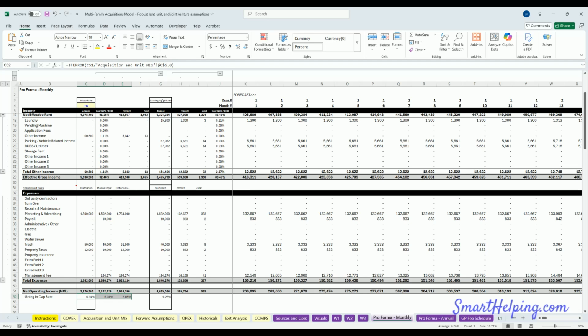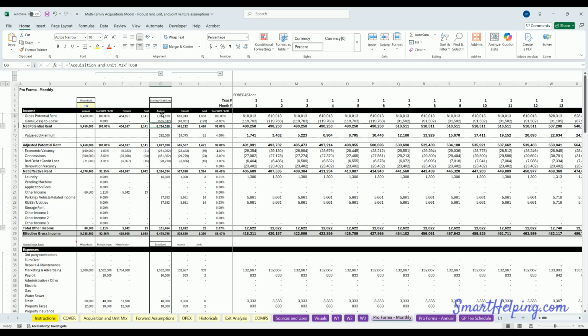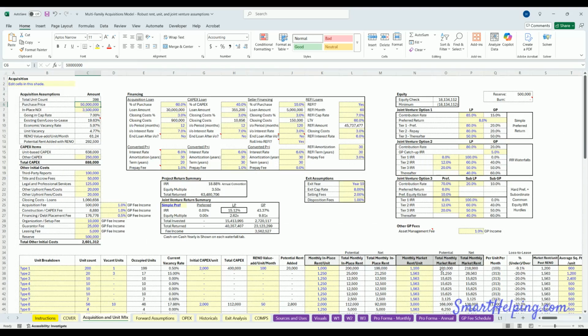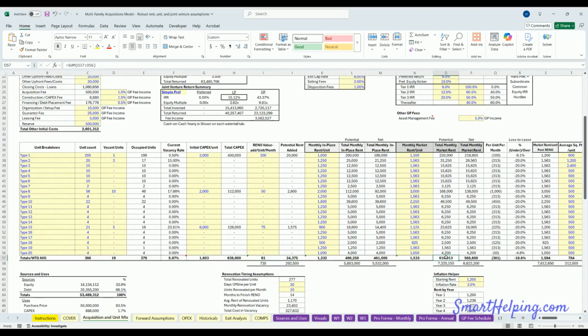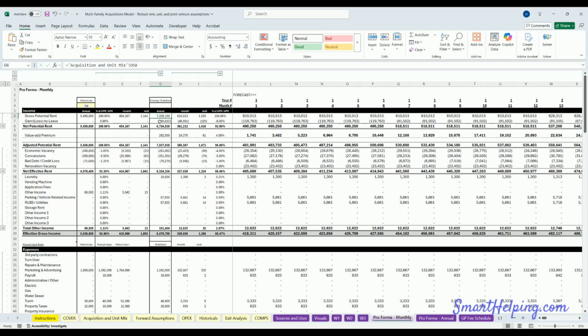Then we have a stabilized going in cap rate. Now, what does that mean? Well, if we look at gross potential rent, we're going to start on the acquisition unit mix cell 058, which is the market rent. You see here, annual market rent. So this is if all the units are whatever the market is for each unit, if that's what you're getting, less the loss to lease.